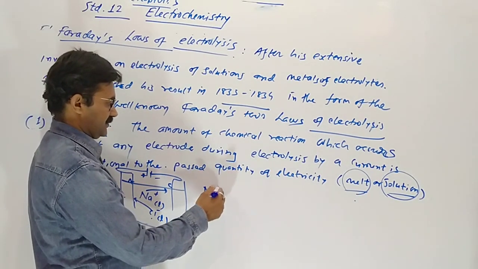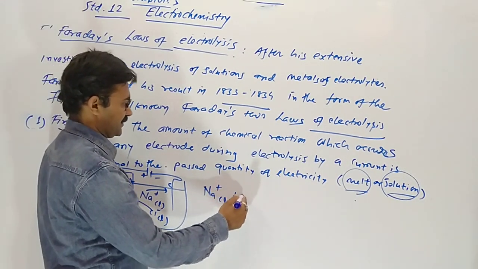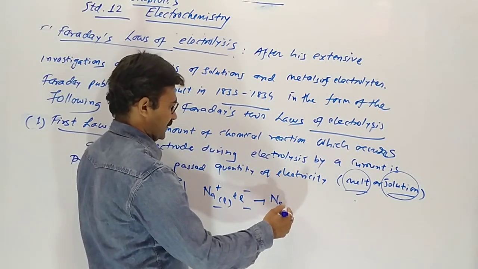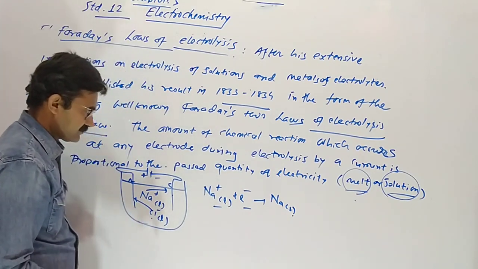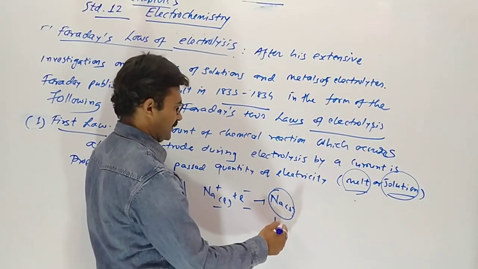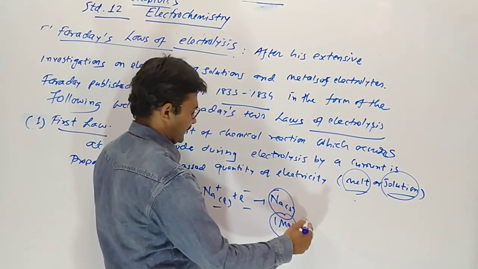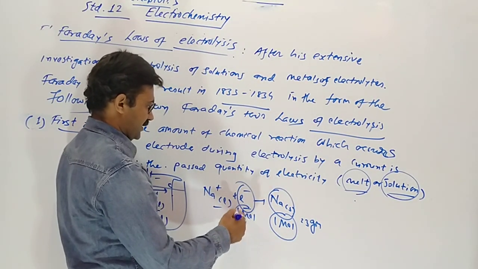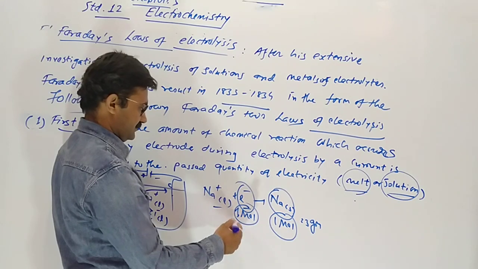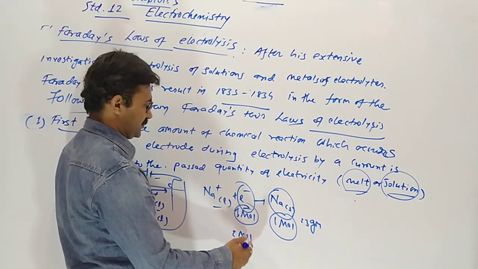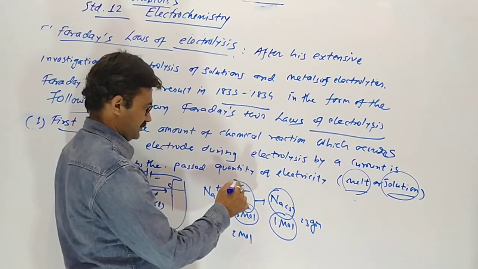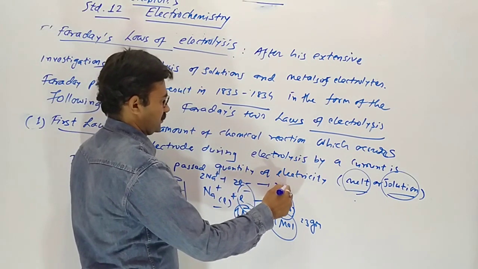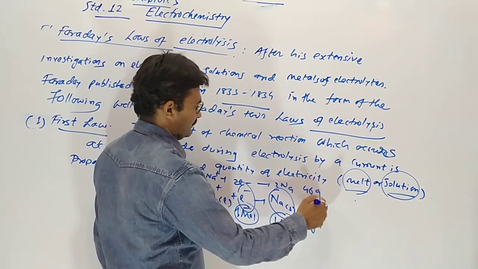So Na plus ion reduces at the cathode and gives solid sodium. 1 mole sodium means 23 gram, needing a charge of 1 mole electron. If we pass 2 mole electron, we get 2 mole sodium, so double.